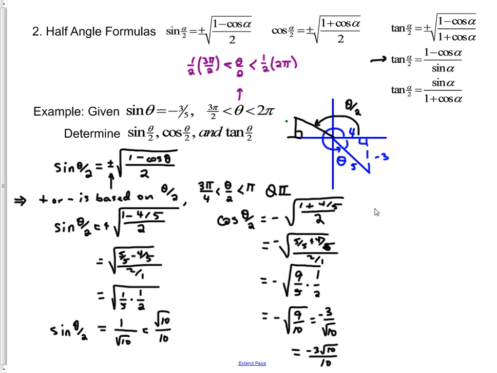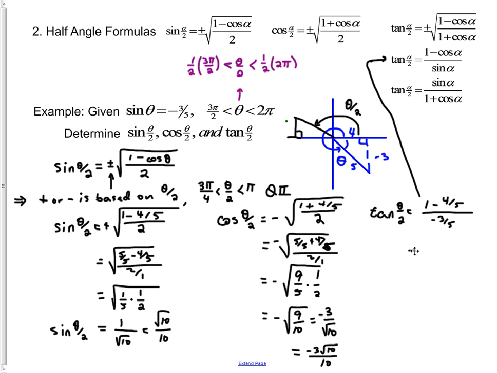All right, so tangent of theta over 2, what will we get? I'm going to use that second form right there, so that's going to be equal to 1 minus cosine of theta, which was given as 4/5, divided by the sine of theta. The sine of theta is negative 3/5 here.